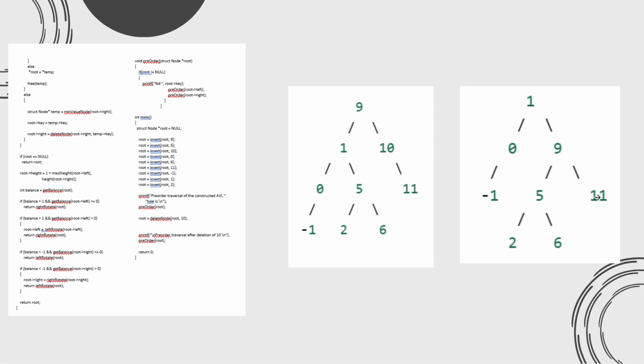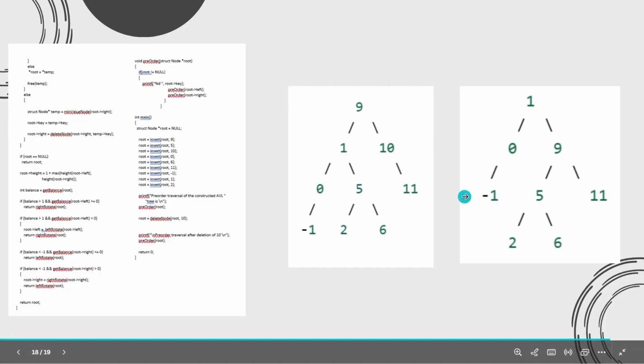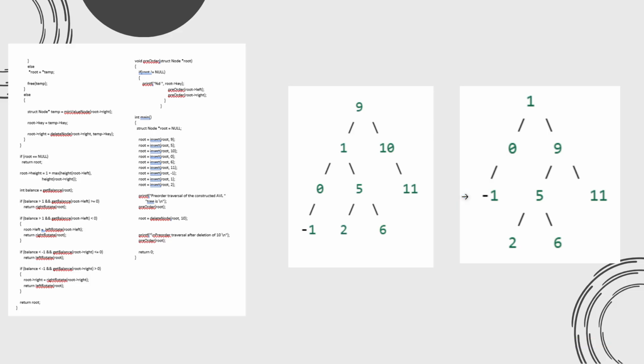However, tungod ani nga deletion, nausab ang height sa right sub-tree sa node 9. And this causes the tree to become unbalanced. So, gi-update niya ang height ug gi-check ang balance factor sa mga nodes and rotations are applied to fix the imbalance.